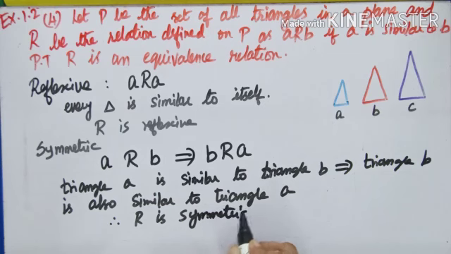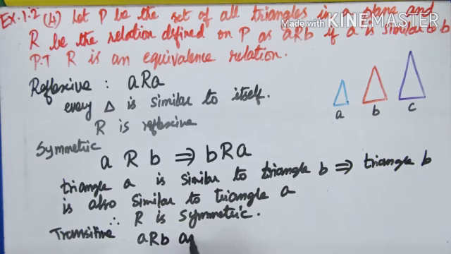The next idea is transitive. What do you mean by transitive? A related to B and B related to C implies A related to C.